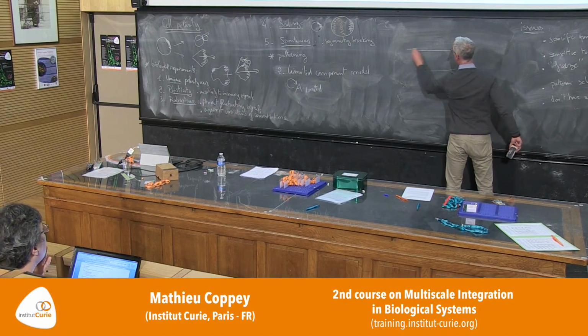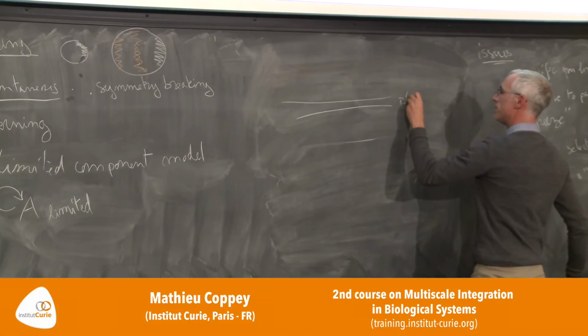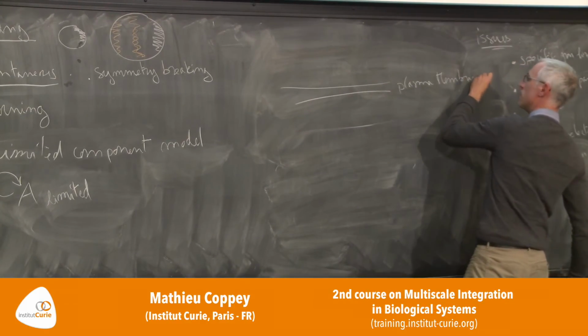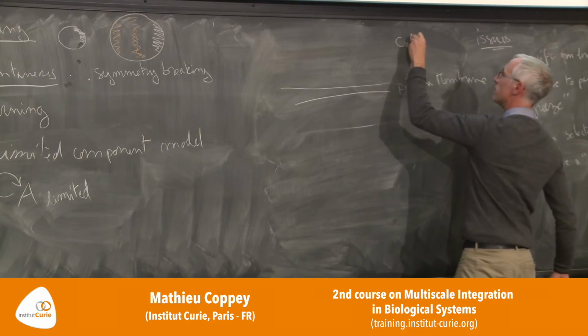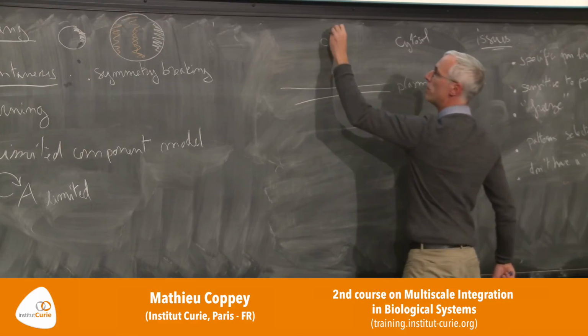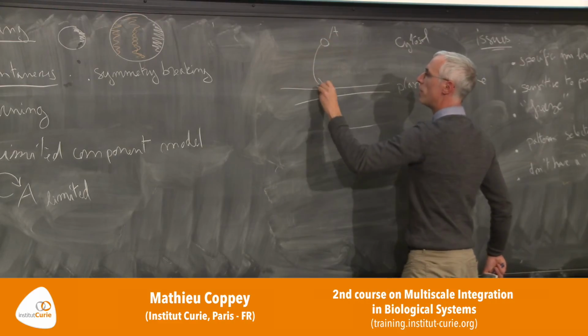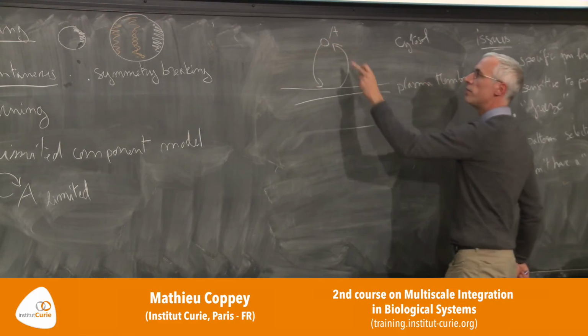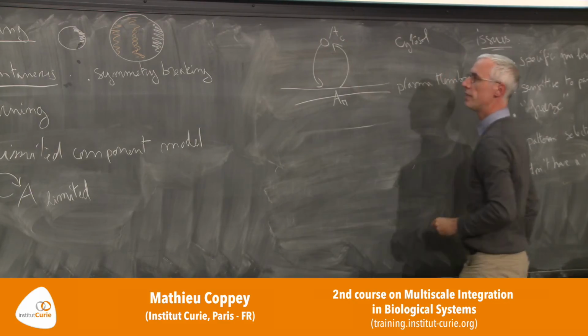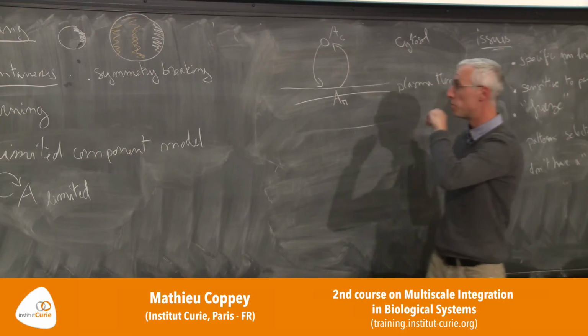So you have to consider that you have the membrane, the plasma membrane here, and the cytosol. And you have a molecule that is going to be CDC42. I can call it A, that will shuttle from the cytoplasm to the membrane. So you have A membrane-bound, A cytosolic here. Just shuttle in and out of the membrane.